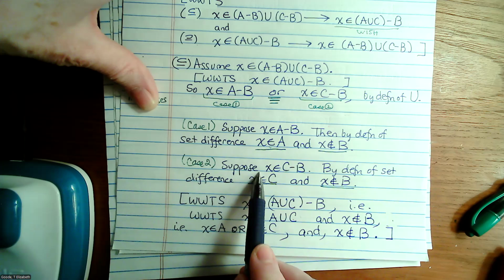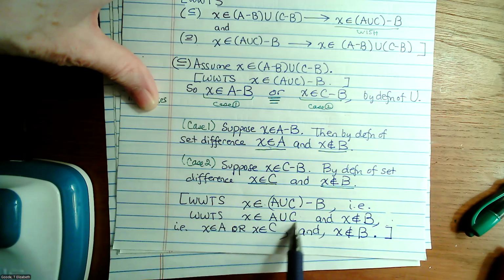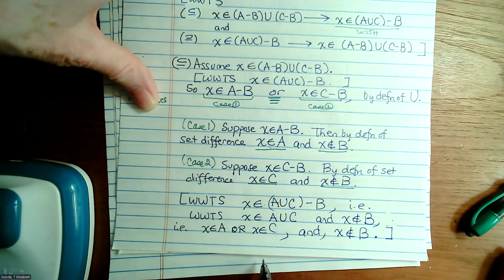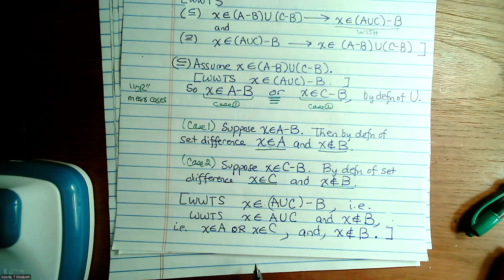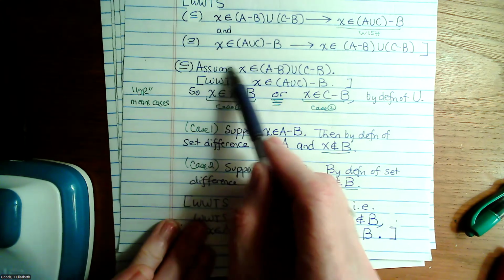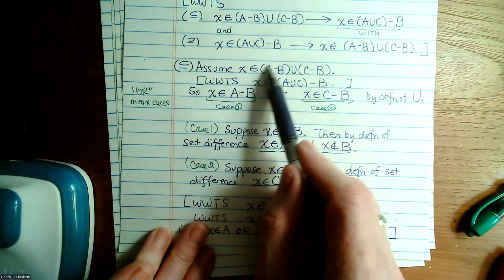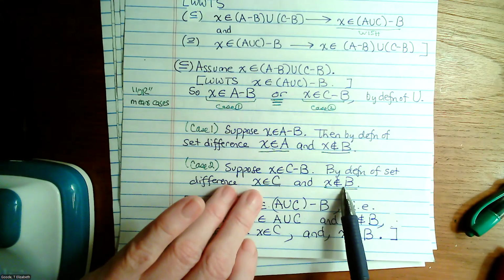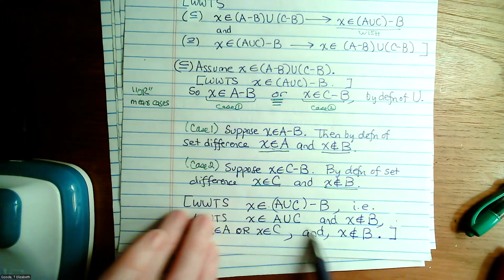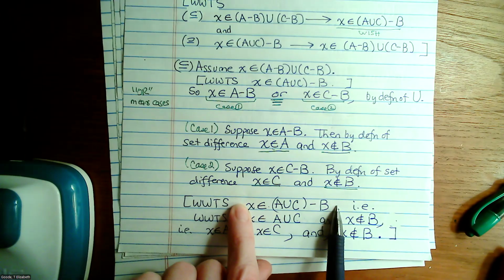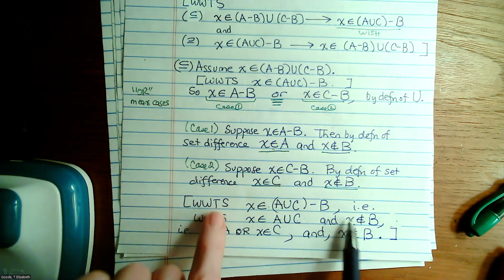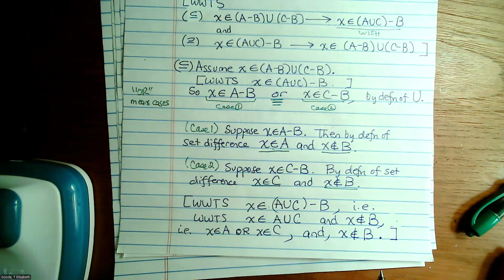In each case, we can argue that X is an element of A union C. So now we write our argument for this part of the proof. It's like we've reached the halfway point. We've broken down what it means for X to be in this set to its atomic parts, and now we're building up to this, working backwards to see how we're going to get there.